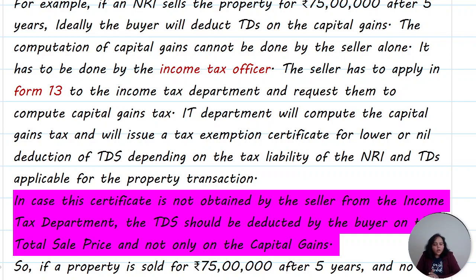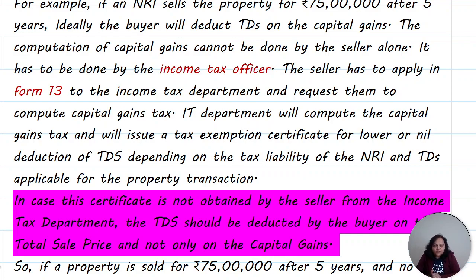Okay, now what happens is the income tax officer will calculate your tax gains. The officer will see your tax liability from any other source if you have income in India, the tax that you pay from that source, the tax bracket into which you fall, your overall tax liability, and the tax gain that you will make from the transaction of selling the property.